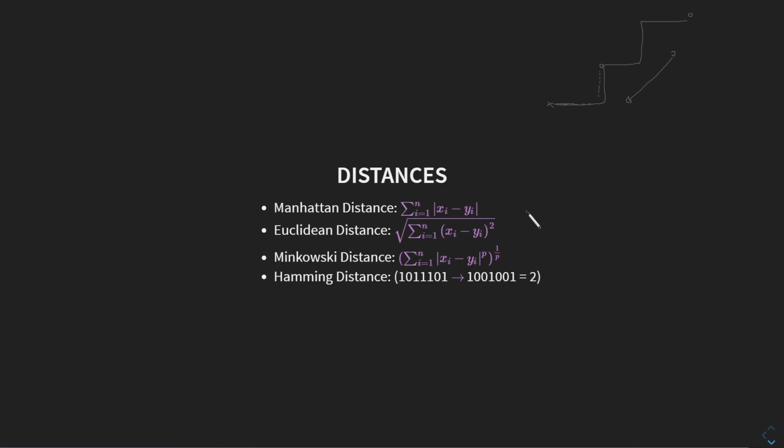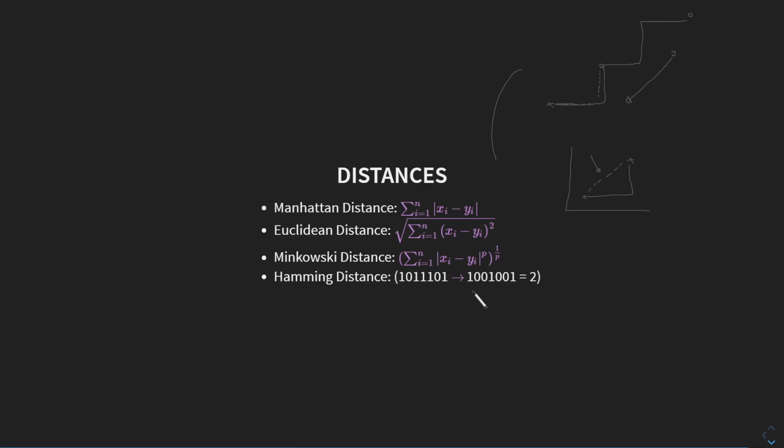Then there's Euclidean distance, which calculates the distance between 2 points, as we know this length and this length. So through the Pythagorean theorem, we can calculate the distance right here. And we have the Minkowski distance, which captures both of these in one particular formula.